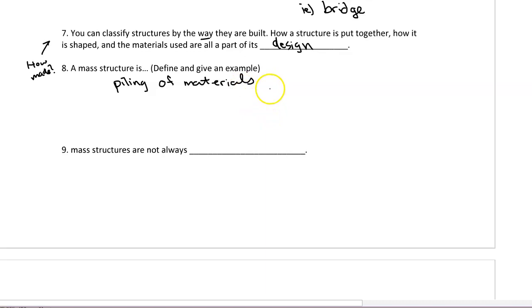Okay, or forming of similar materials into a particular shape. Piling of materials. Now, we could also say forming materials into a particular shape.